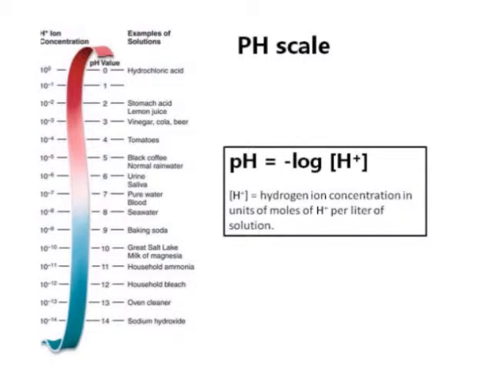The strength of an acid or base can be determined by using the pH scale. The term pH stands for potential of hydrogen, and the pH scale is a means of determining the acidity or alkalinity of a substance.